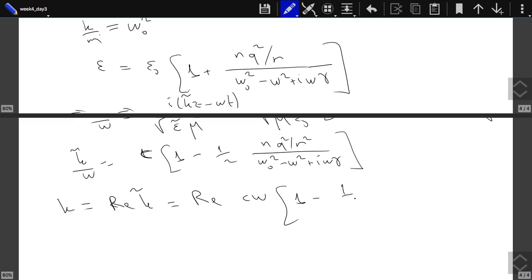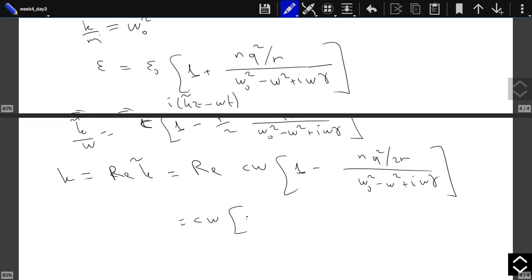Now k is just the real part of k tilde. This is the real part of omega over c times 1 minus nq squared over 2m, divided by omega 0 squared minus omega squared plus I omega gamma.